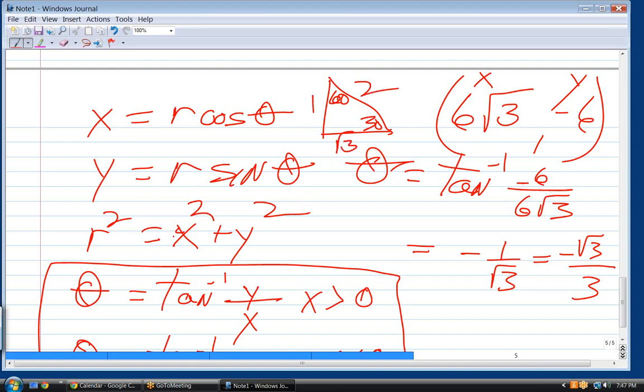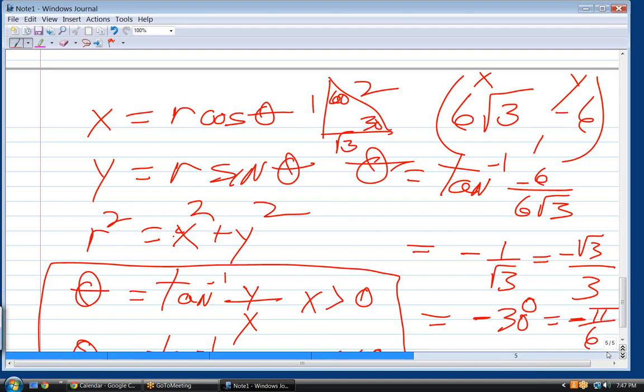So which angle is the tangent equal to 1 over root 3? 30 degrees? Correct. Only it's negative, so it's negative 30 degrees. Which is the same thing as negative pi over 6.